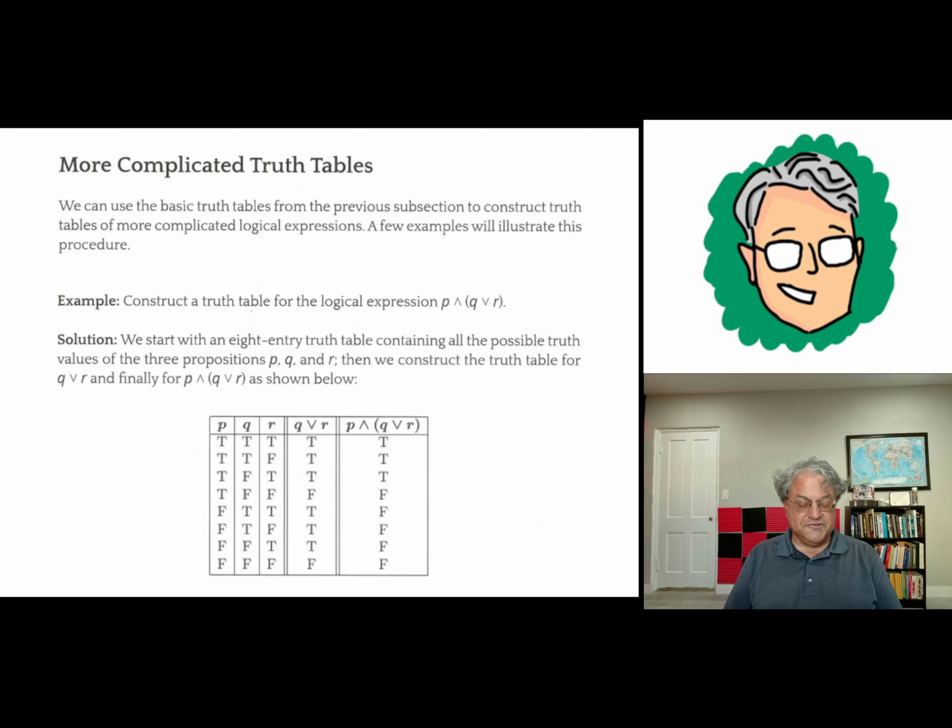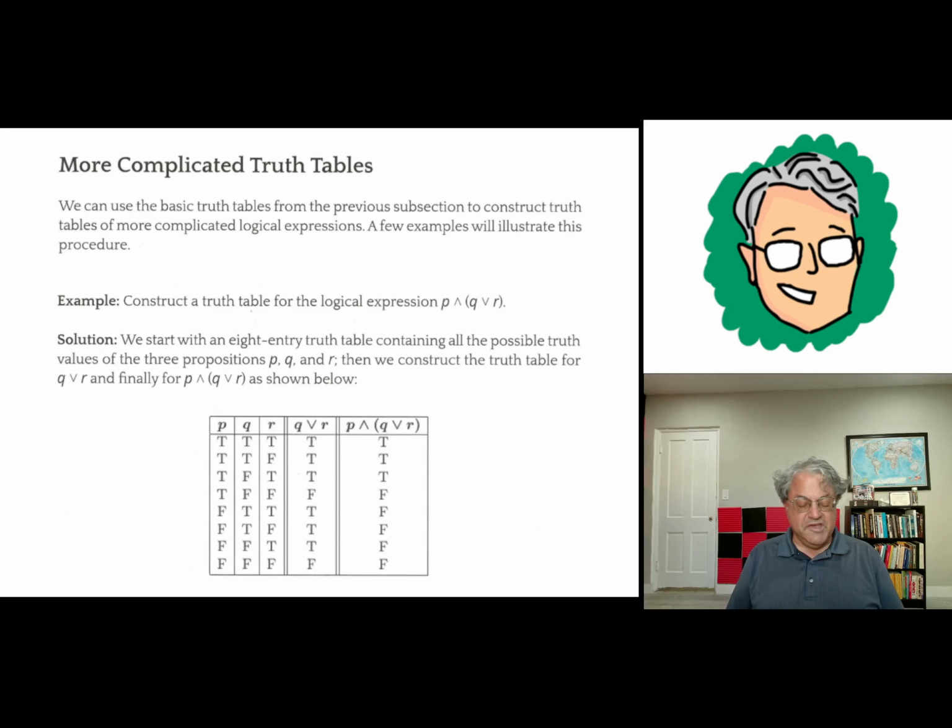So those are the two false cases. P true, Q and R both false, that's the fourth row. Or P false, and Q and R are also both false, that's the 8th row, or the last row, if you like. All the other rows have Q or R true. So that gives you the first kind of derived column.